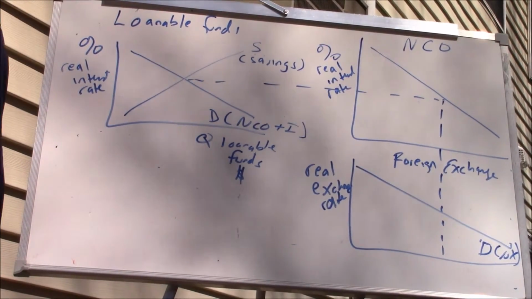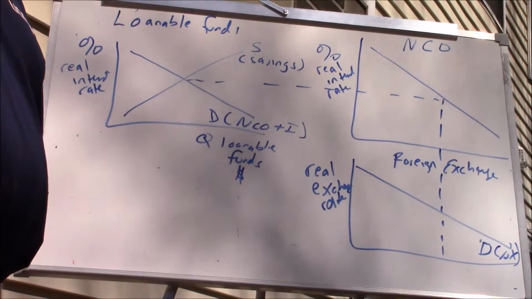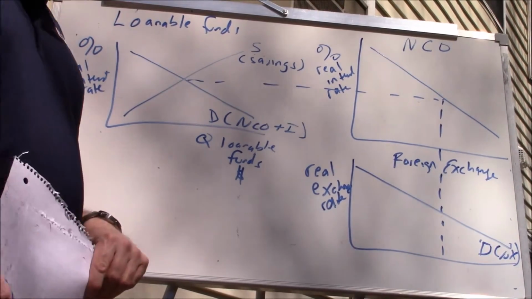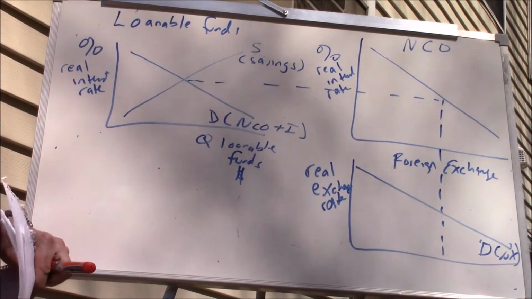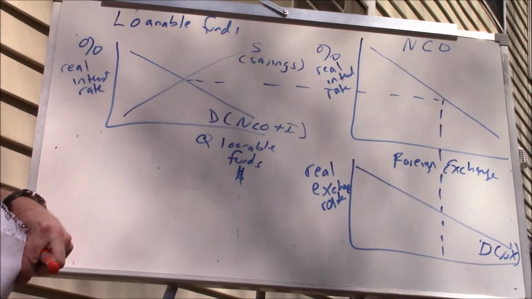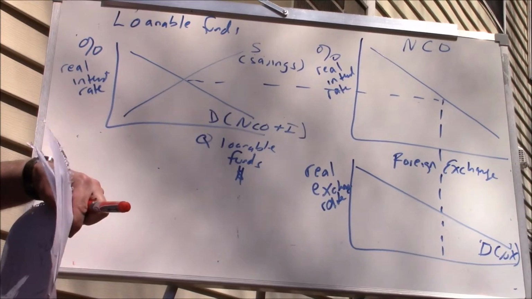So let's say we put on a quota or a tariff that reduces the amount of imports of a particular good into the United States. And so what's the effect of that going to be? Well, the short-term effect is that it's going to try to increase net exports.